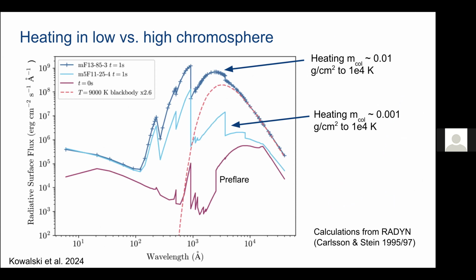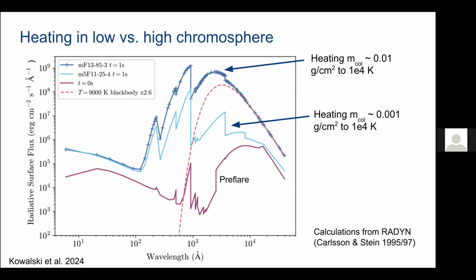And so then it was a matter of, do we have observations that can discriminate between these two sets of heating formulations? So we use the RADYN code. We simulate the evolution of the atmosphere in response to these different heating types. And it turns out they give dramatically different predictions for the continuum spectrum in the optical and ultraviolet.